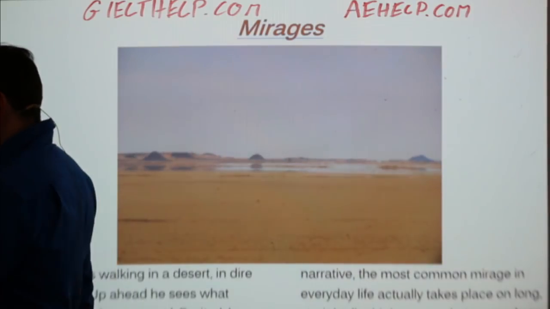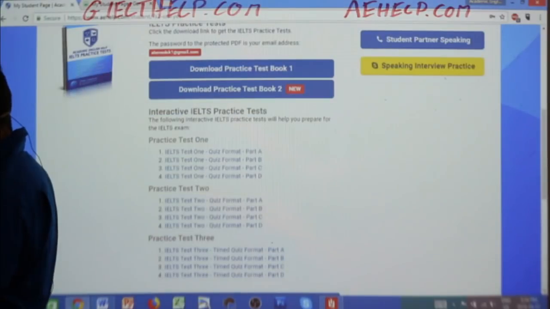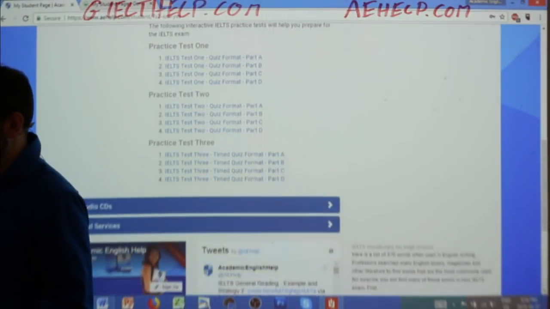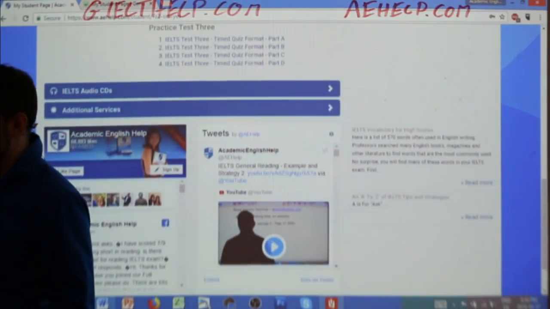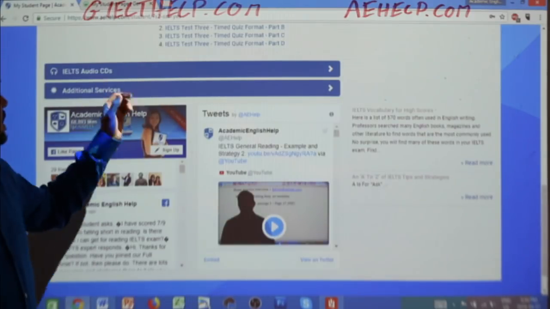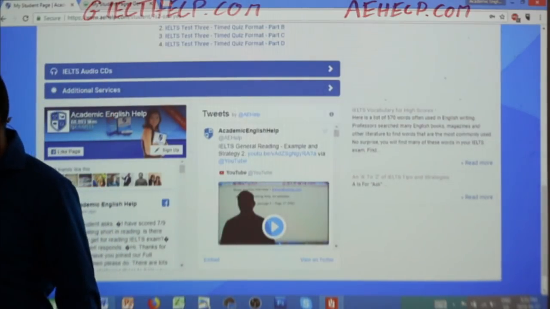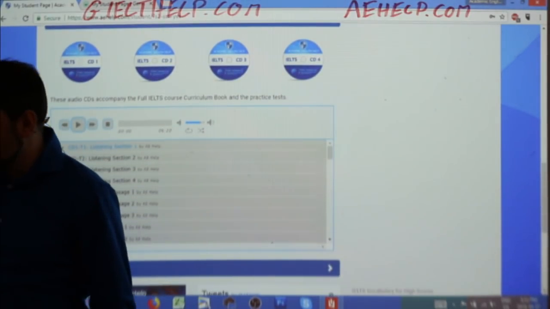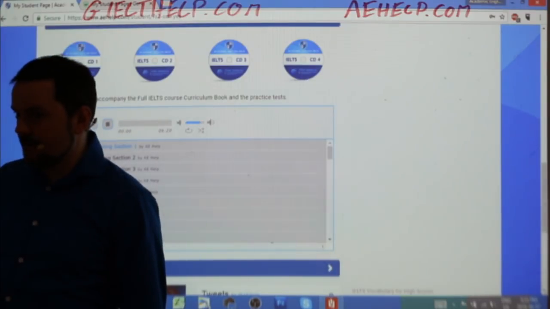So I'm just going to jump to our website where this information is coming from. And if you have our website full access at home, then what you want to do if you're reviewing this later on today is go into your IELTS audio CDs. Okay, you have lots of them. This is test book 2.